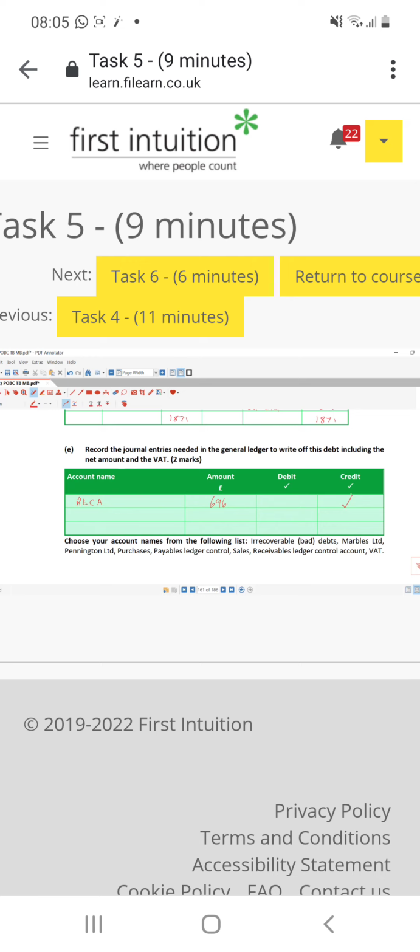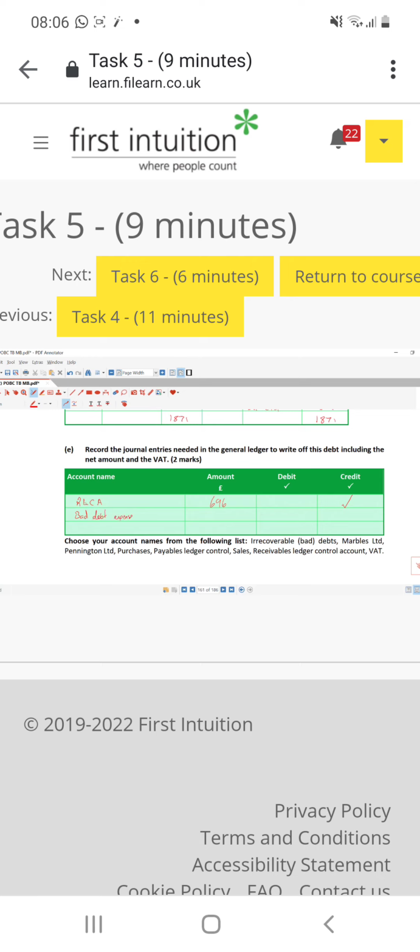Now I know that 696 is the gross amount, and so to get back to the net amount and the VAT amount, I will have to divide that 696 by 1.2, as that is 20%. So if I do that, 696 divided by 1.2, that will mean that the bad debt expense, the net expense, will be 580.